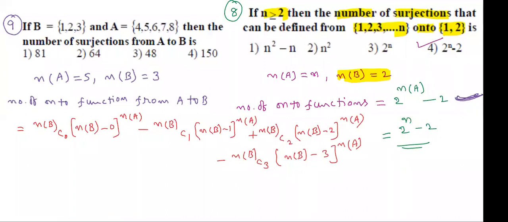See here, ninth question. n(A) value is 5, n(B) value is 3.